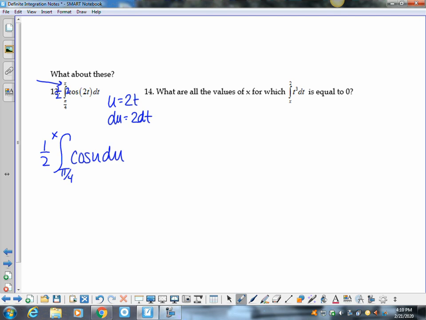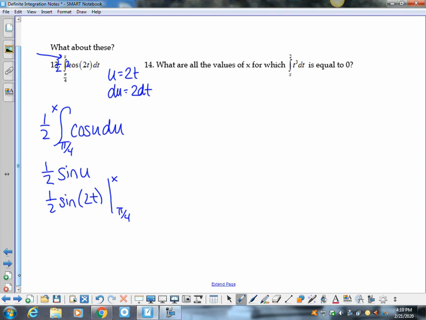So now I'm ready to integrate that, and the integral of cosine is just plain sine. So 1/2 sine of u. I'm going to put my u back in there. And I'm going to go from pi over 4 to x.